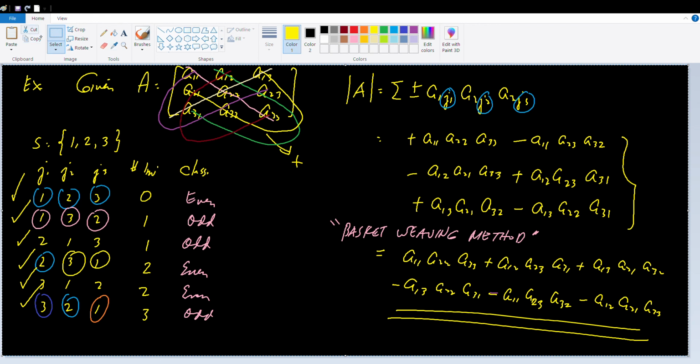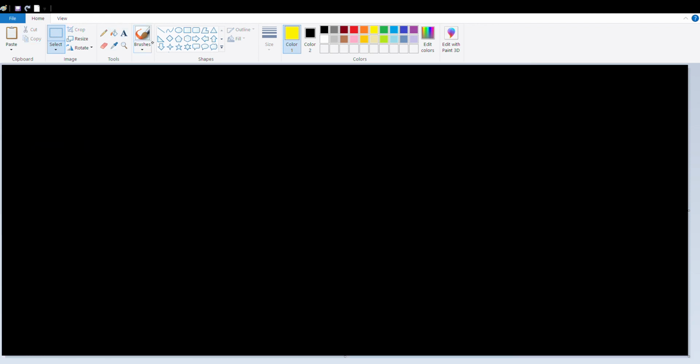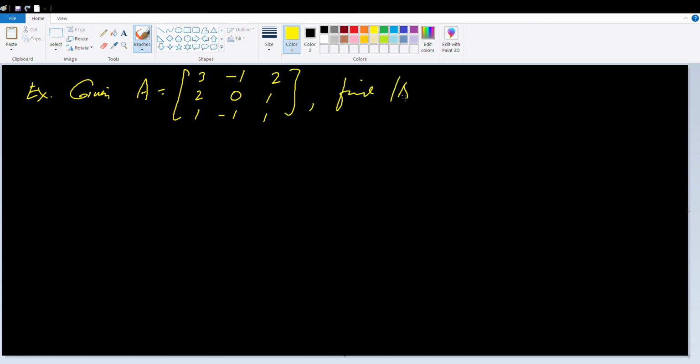So let us have an example. Let us find the determinant of A. So the determinant of A is equal to, let us use the basket weaving method.